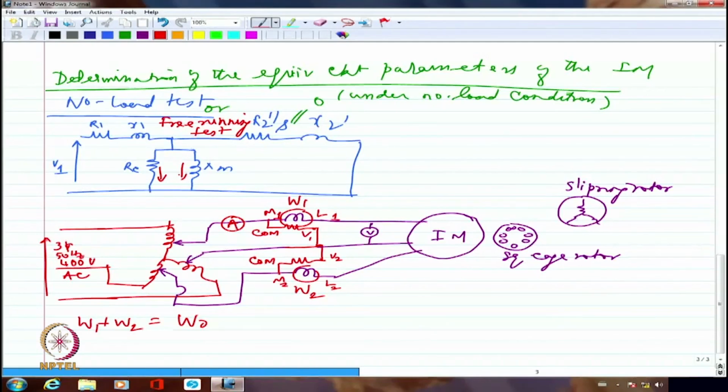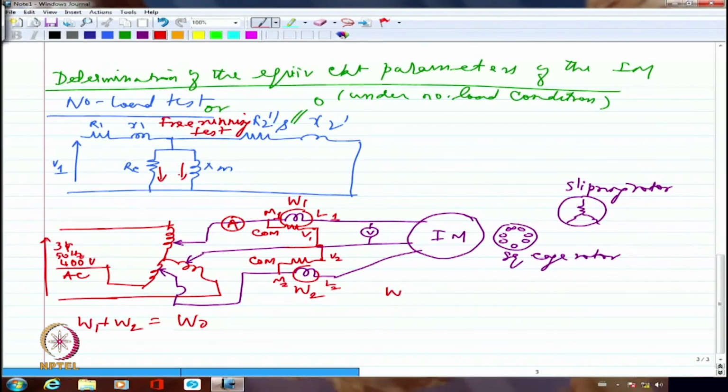So you will show W1 as plus 100 watts, W2 as minus 50 watts. Is that clear? So this kicking back would normally happen in most of the induction motors, if it so happens that it is a well-designed induction motor with very minimal requirement of magnetizing current. Right? So this is the no load test.